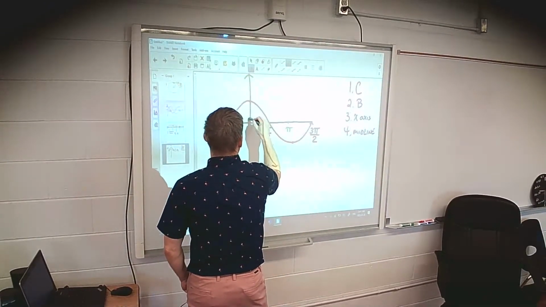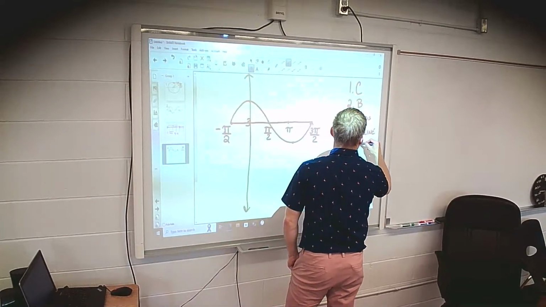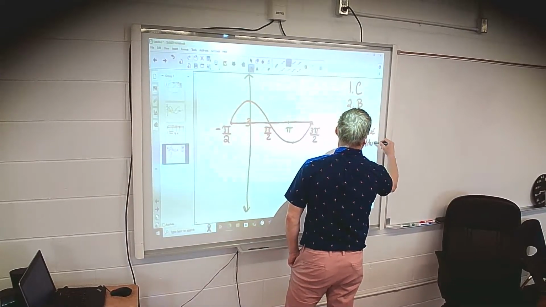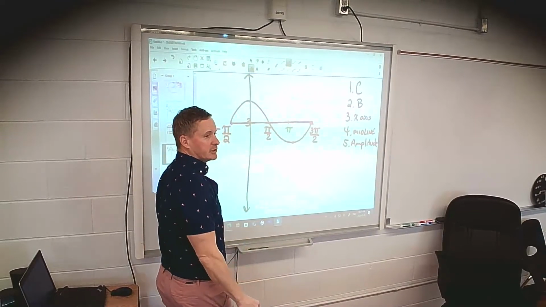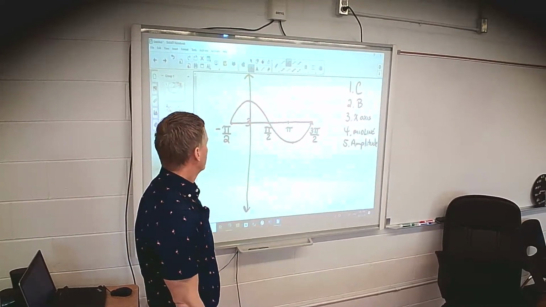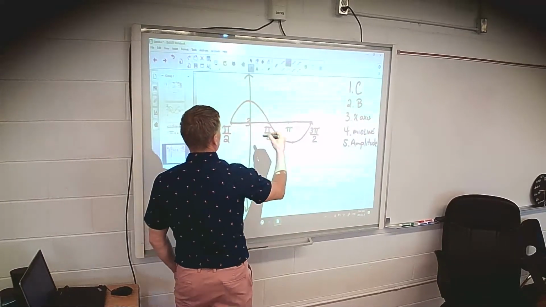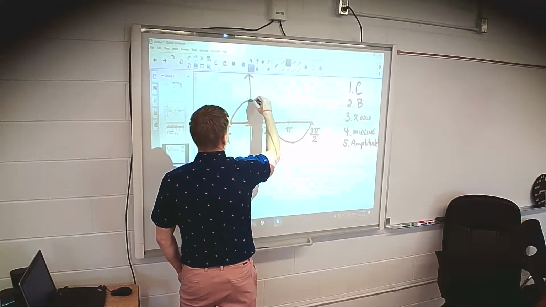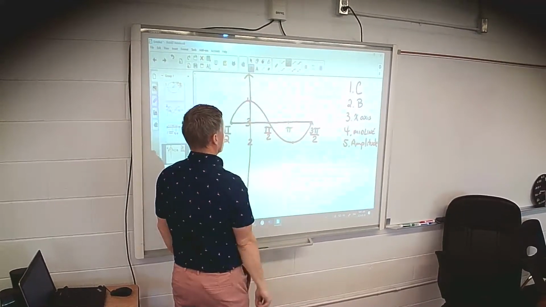So that is right there, 3. What's my amplitude for this graph? Just 1. So what's my maximum value? 4. What's my minimum value? 2. There you go.